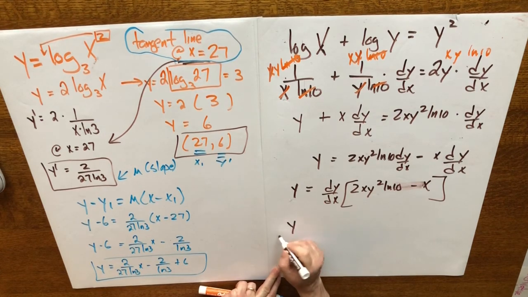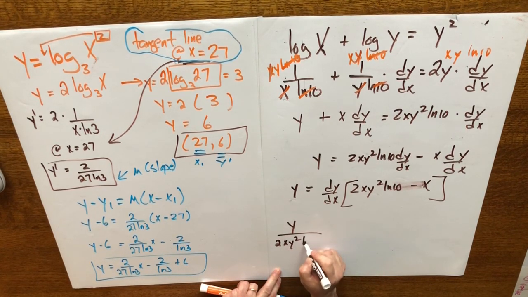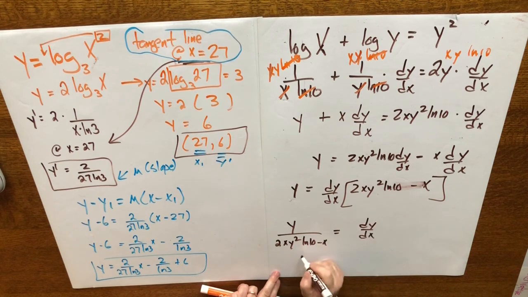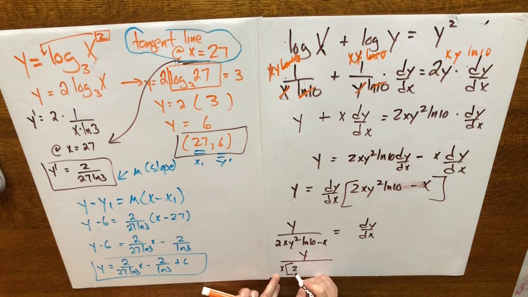So y over 2xy squared ln 10 minus x equals dy over dx. And there is a common factor in the denominator of x. So you could say y over x times 2y squared ln 10 minus 1 is equal to dy over dx.